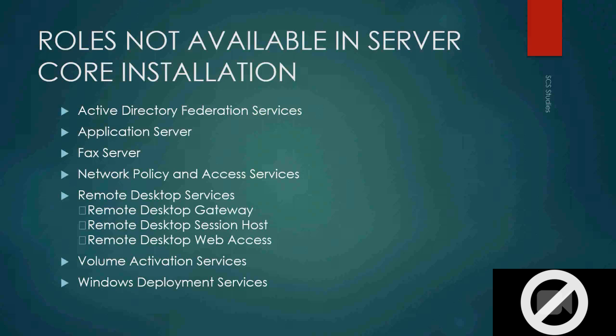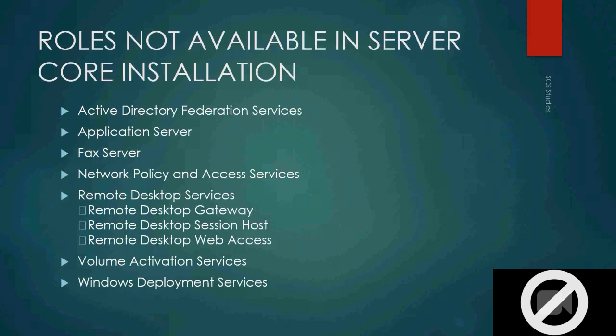Roles that are not available in the server core installation. That means they can be installed on the GUI platform as well, but are not available in core installation. In core installation, Active Directory Federation Services are no longer available. Application Server is no longer available in core. Fax Server is no longer available in core. Network Policy and Access Services are no longer available in core.